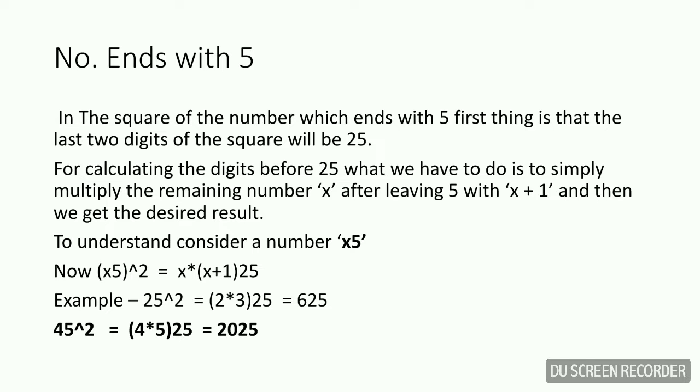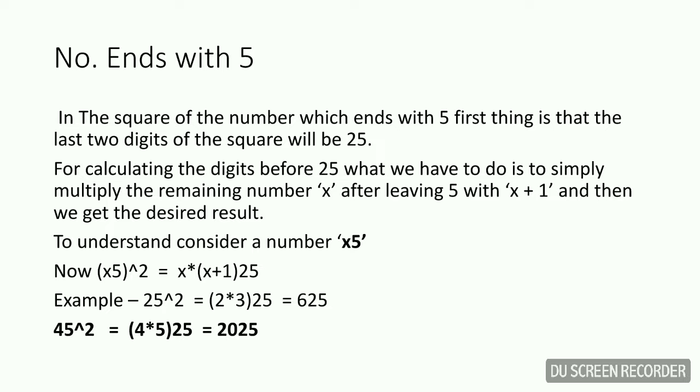So if we remove 5, then whatever is left is x. Now what we have to do is to multiply the x with x plus 1, then we will get all the digits in the square of the number before these two last digits, which are 25.